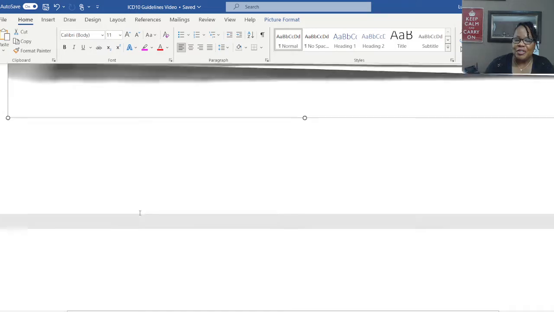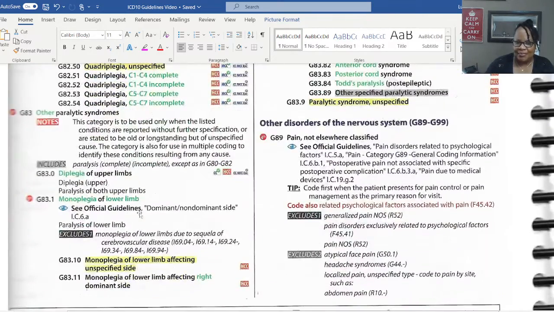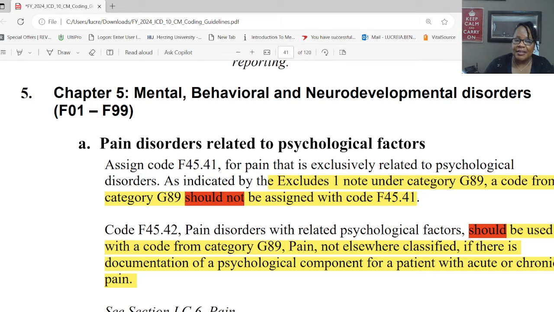But let's skip over to G89 and see this note. Oh, it does say that. Look. Excludes1: pain disorders exclusively related to psychological factors. F45.41 is an Excludes1 from category G89. That's what this guideline just said.